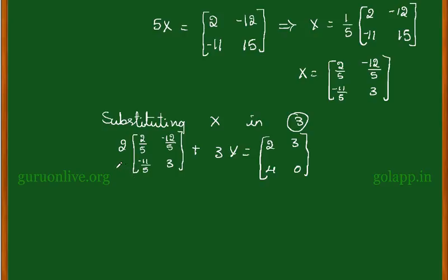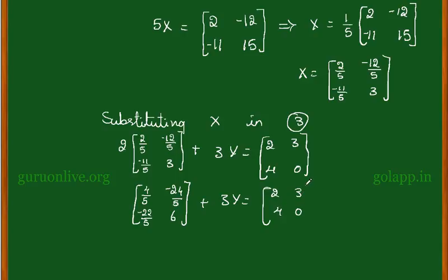So in LHS I have 2 into the matrix, so I have to multiply 2 within the matrix. I get 4 by 5, minus 24 by 5, minus 22 by 5, and last element 3 into 2, which is 6, plus 3y is equal to the matrix.